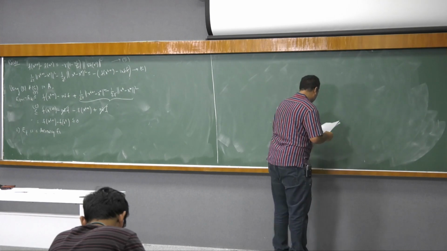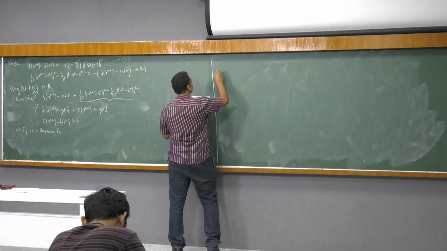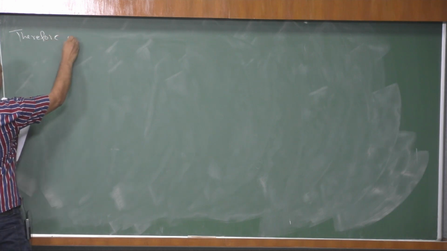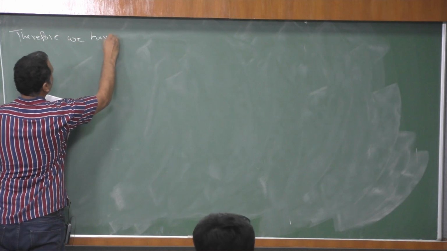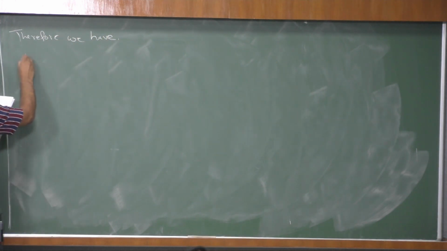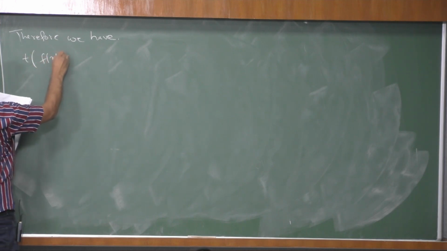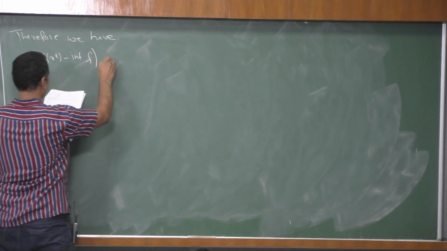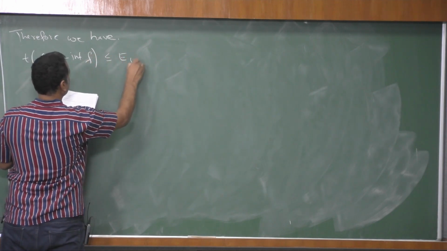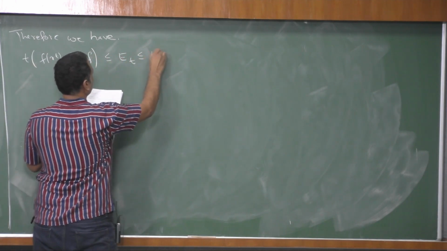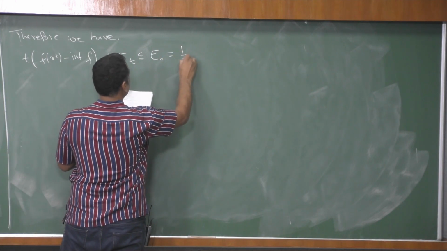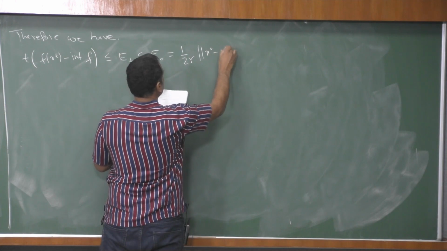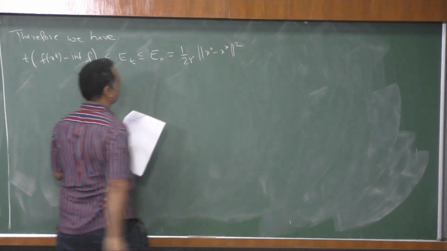Therefore we can write, we have t f(x_t) minus infimum of f is less than or equal to E_t, which is less than or equal to E_0, which is 1 by 2 gamma times norm of x naught minus x star, whole square.